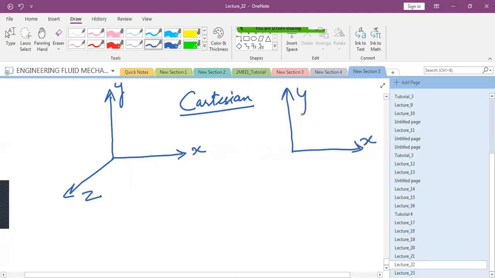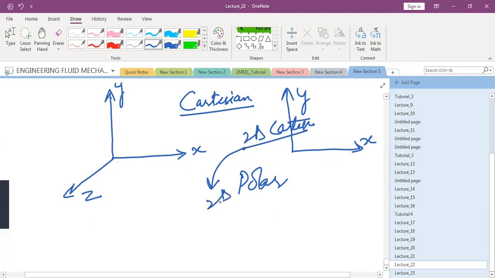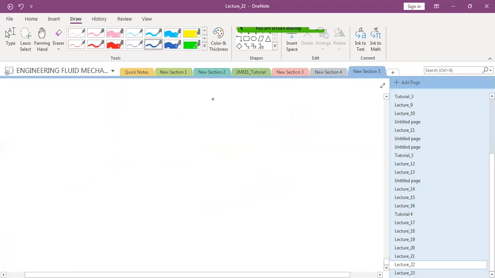So this is xy. This is 2D Cartesian. I want to convert this into 2D polar. How will the polar coordinate system look?